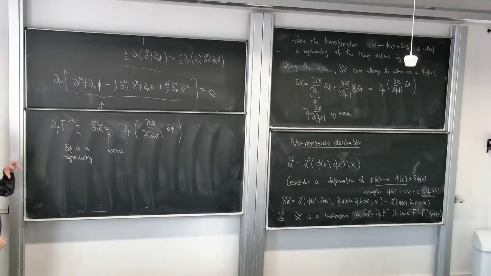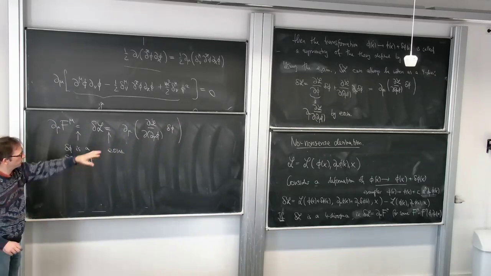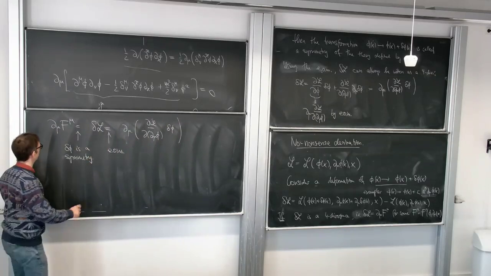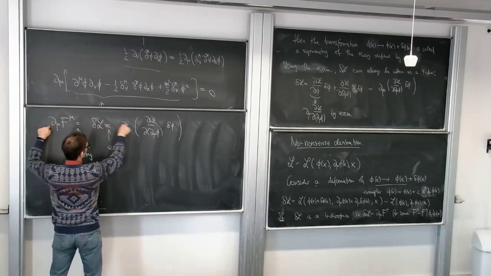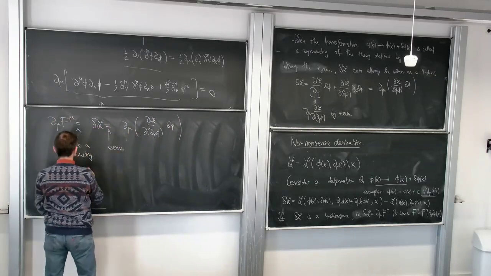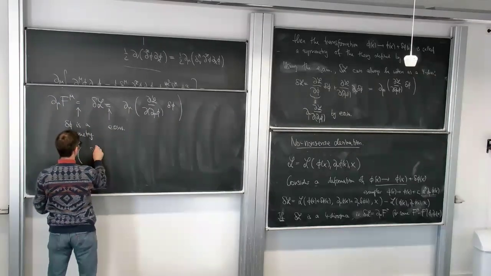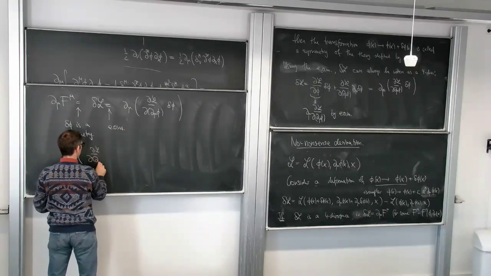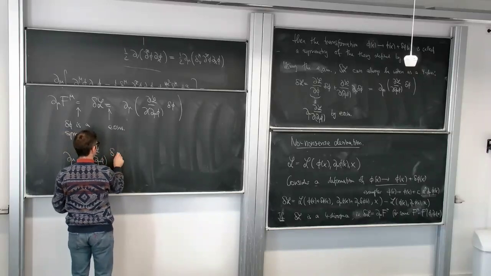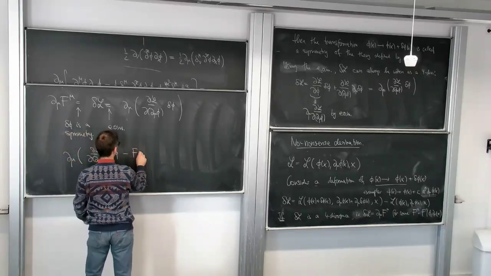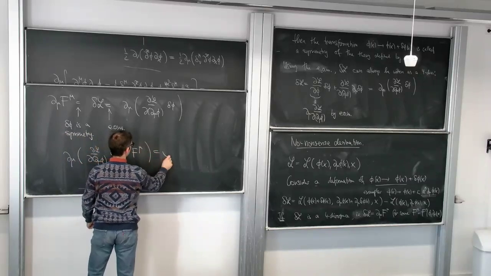And if you have now both, you have the equation of motion satisfied and delta being a symmetry with the definition we just said, you can of course read from here to here, put this f underneath, so you get d mu of dL by d mu phi delta phi minus f mu equals 0.